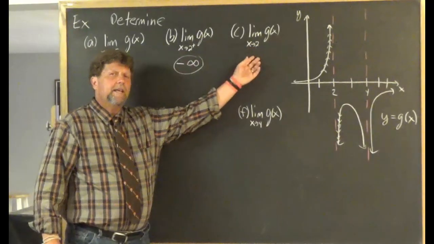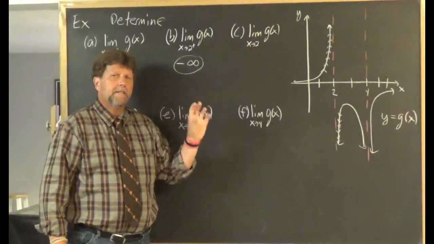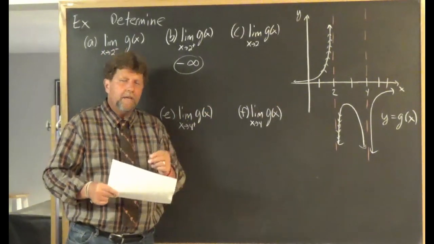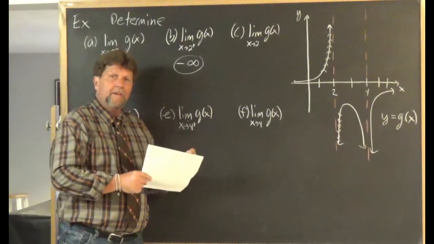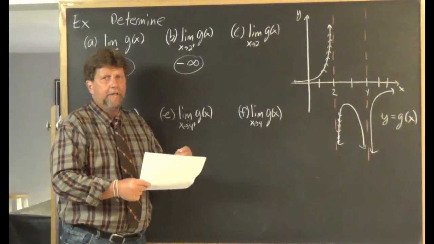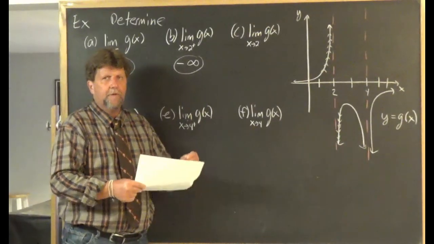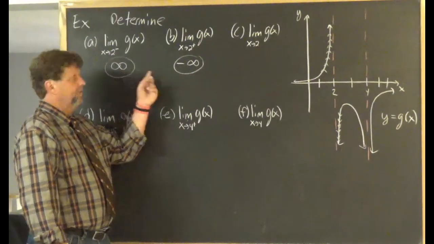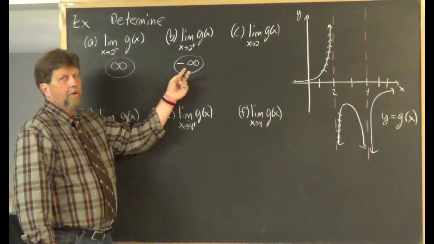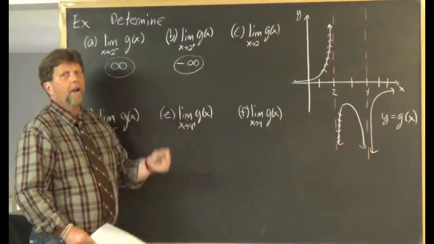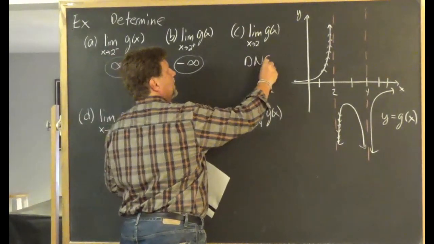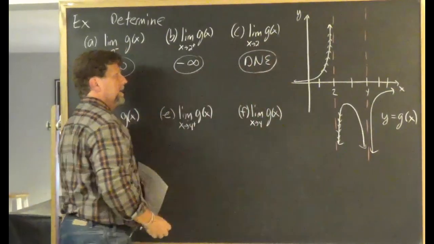So now part C is the limit as x approaches 2 of g of x. Remember, in order for the limit to exist, the left-hand limit and the right-hand limit have to be approaching the same thing. Well, the left-hand limit's approaching infinity, the right-hand limit's approaching negative infinity. Those are not the same thing. So for part C, the limit does not exist.